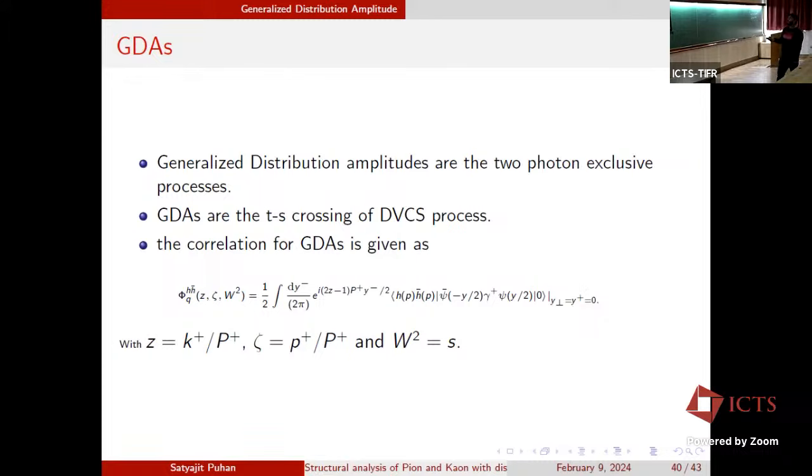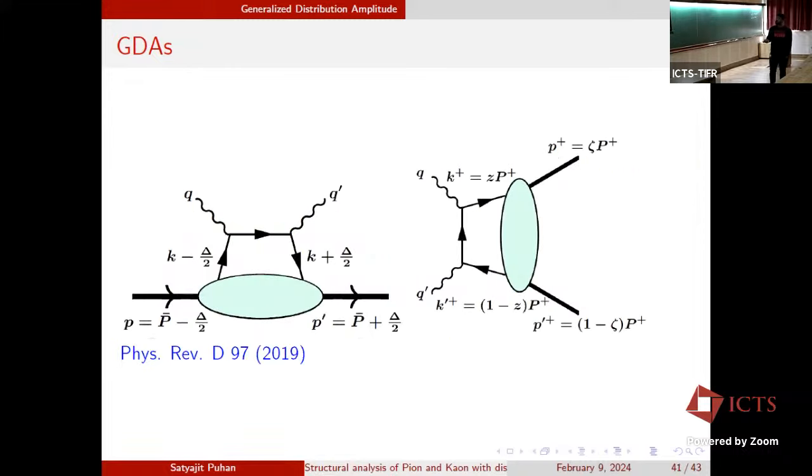In the case of GPD, you find there is another hadron state in the initial state, but in the case of GDA, there are two hadron states in the final state. And the correlation is given by this with the kinematic variables z equal to k plus by P plus, zeta equal to p plus by capital P plus, and W square equal to the center of mass energy.